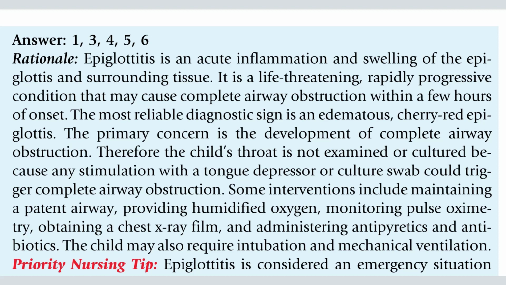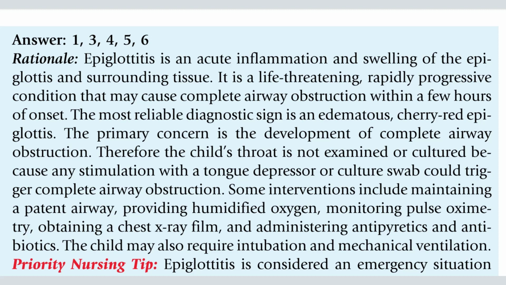Rationale: epiglottitis is an acute inflammation and swelling of the epiglottis and surrounding tissue. It is a life-threatening, rapidly progressive condition that may cause complete airway obstruction within a few hours of onset. The most reliable diagnostic sign is an edematous, cherry red epiglottis. The primary concern is the development of complete airway obstruction.